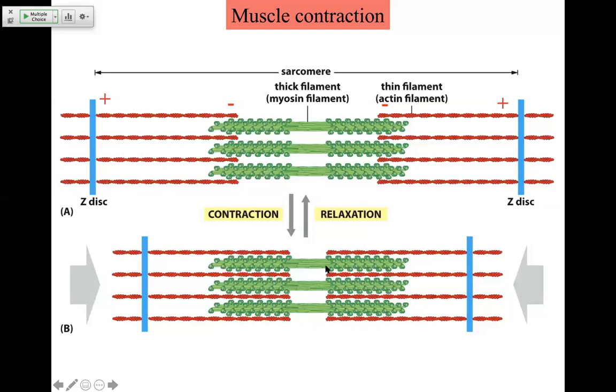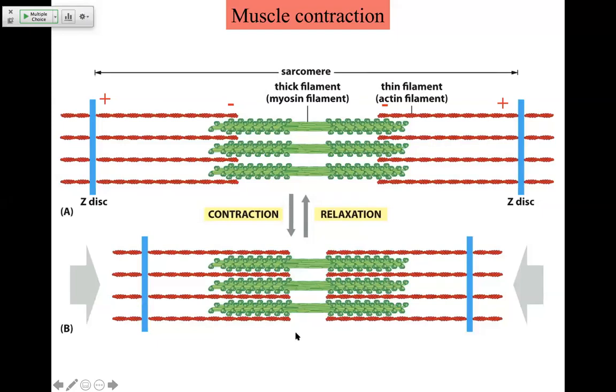There are about 300 myosin molecules per myosin filament. All of these heads on the right are going to walk towards this end, the plus end, and all of these heads are going to walk to the plus end of that actin filament, such that by the myosin heads walking in opposite directions, they end up forcing the actin filaments towards the center, increasing the degree of overlap, shortening the sarcomere overall, which results in contraction.